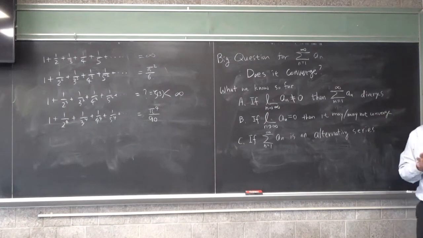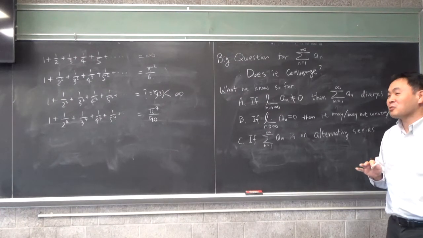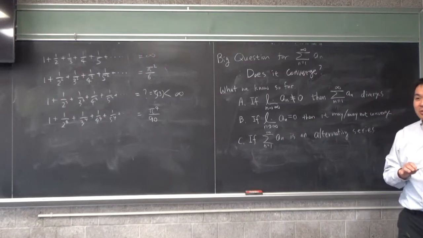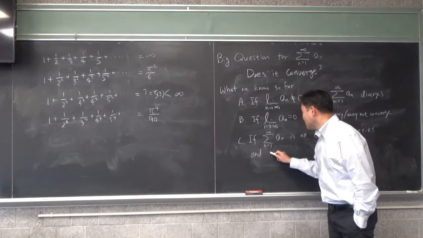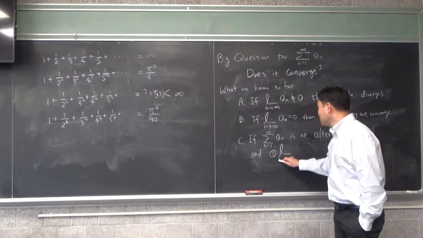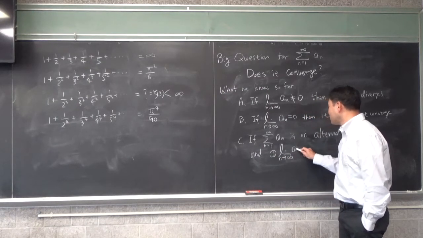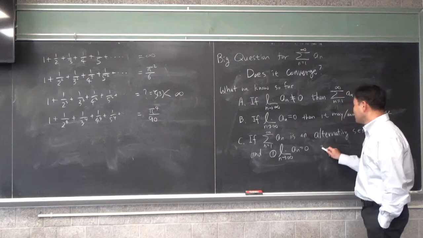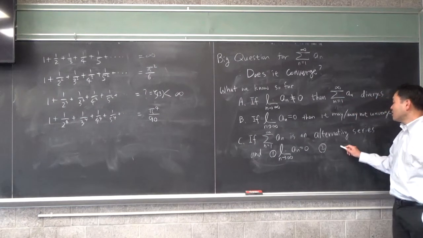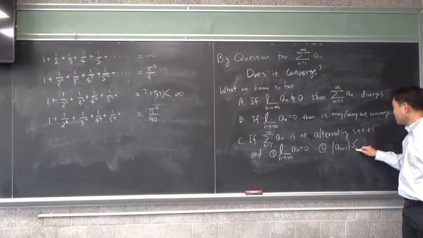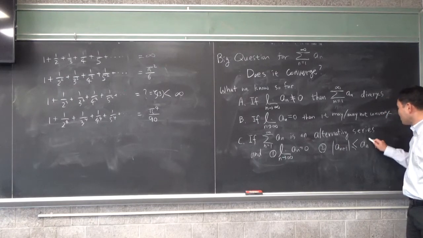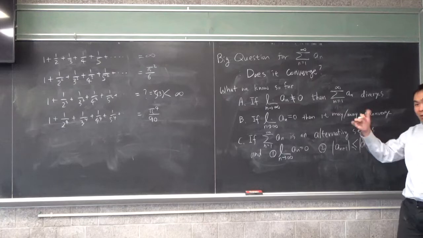So if it's an alternating series, we actually had 2 criteria for it, right? It requires 2 things. Number 1, the limit of the sequence goes to 0. Number 2, the next term is always less than or equal to the previous one, with absolute values because the signs change.